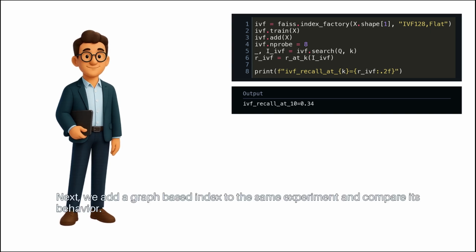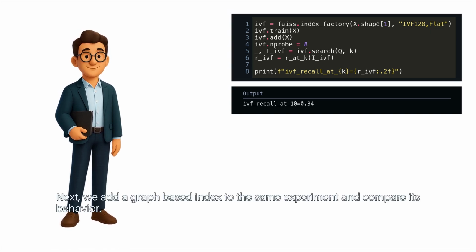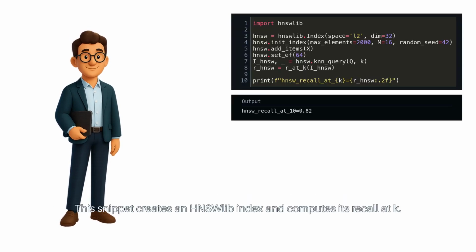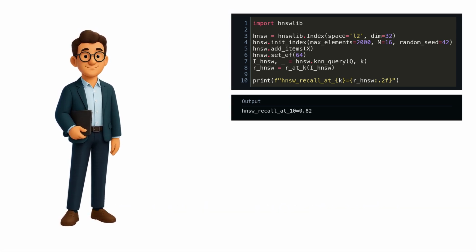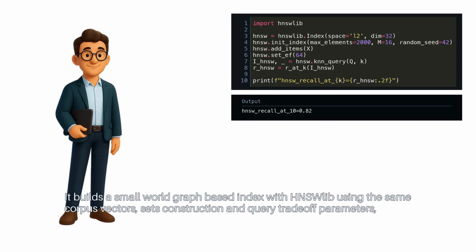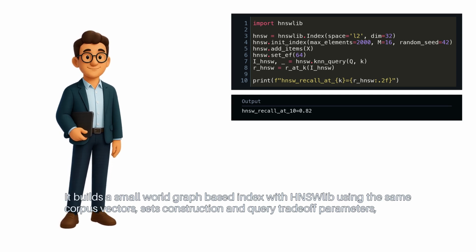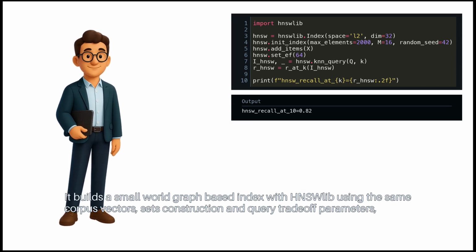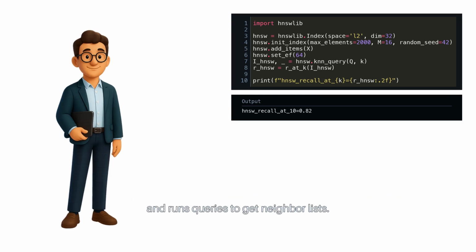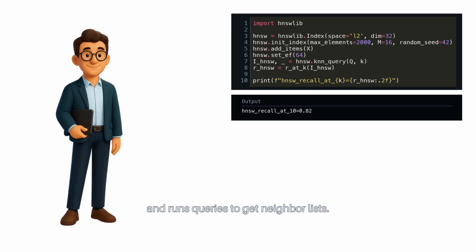Next, we add a graph-based index to the same experiment and compare its behavior. This snippet creates an HNSWlib index and computes its recall at K. It builds a small world graph-based index with HNSWlib using the same corpus vectors, sets construction and query trade-off parameters, and runs queries to get neighbor lists.